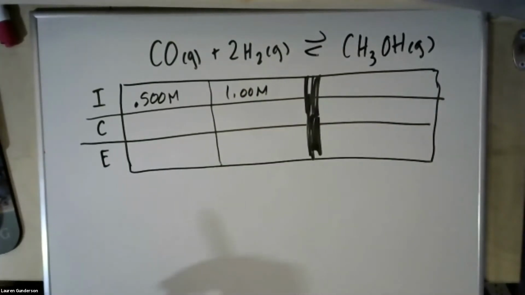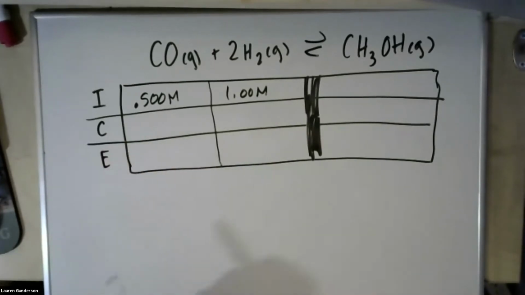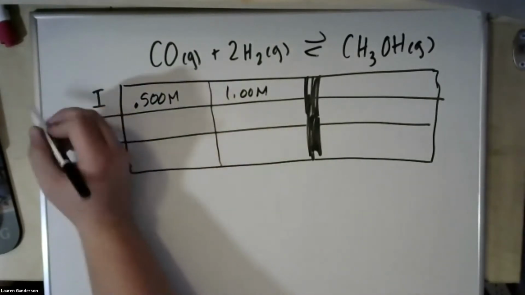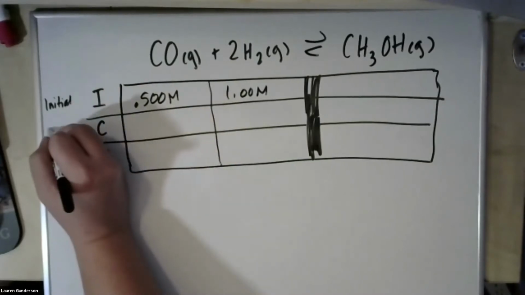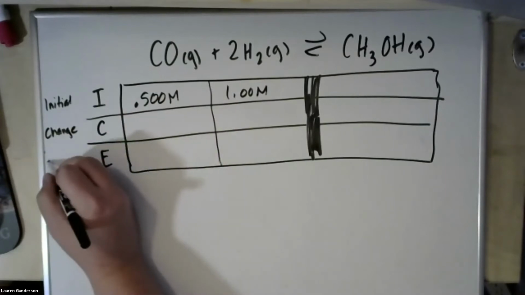They also told us that at equilibrium, and actually let's take a minute just to make sure that we all know what these rows stand for. The I in the ice table stands for the initial amount. The C stands for the change that happens. And then the E stands for the equilibrium value.